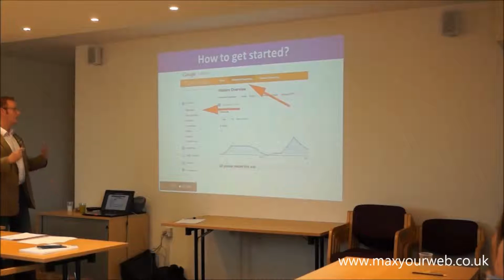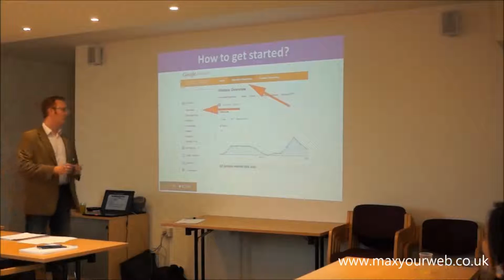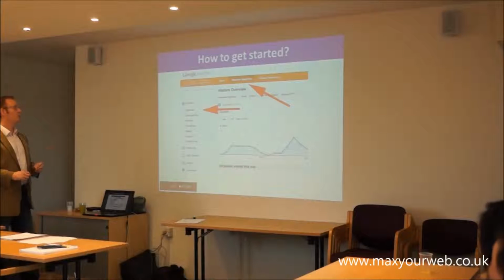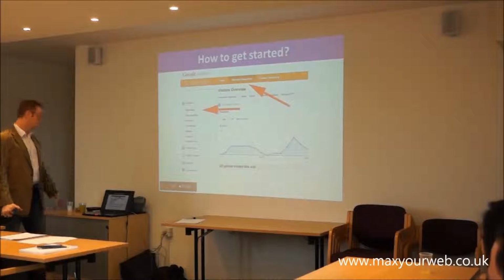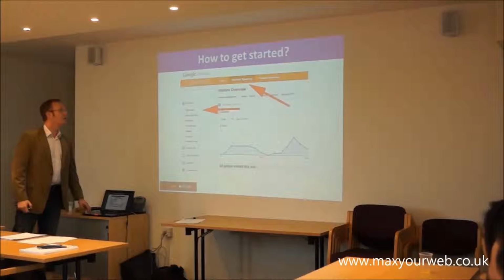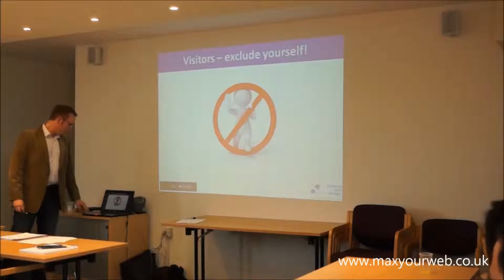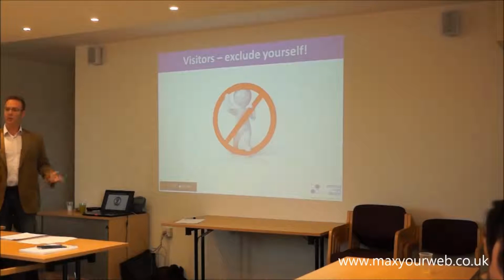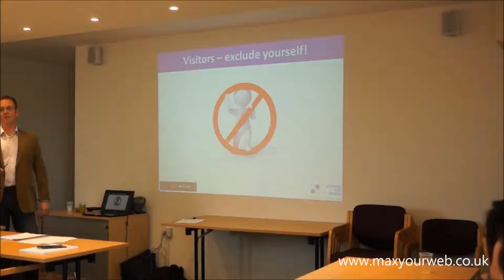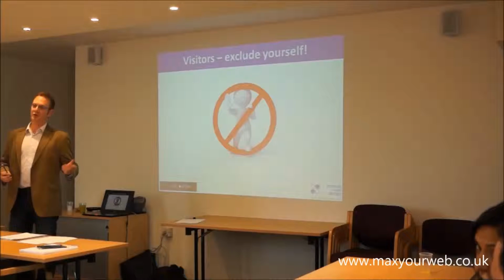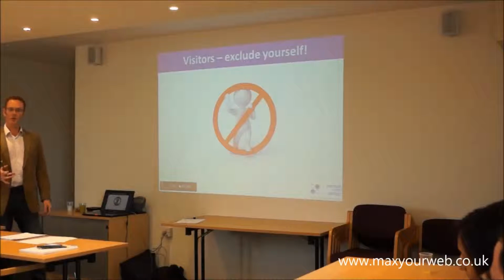Right, so once you're on the Analytics homepage, to get going you really need to go into Standard Reporting, which is the button at the top. And one of the first things you need to do is this: it monitors people going into your site from particular IP addresses, particular addresses of people's computers. So one of the first people who will go to your website loads will be yourself.